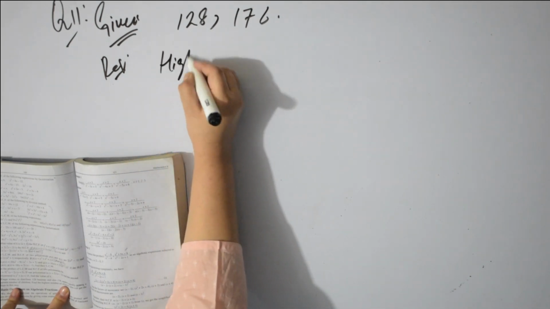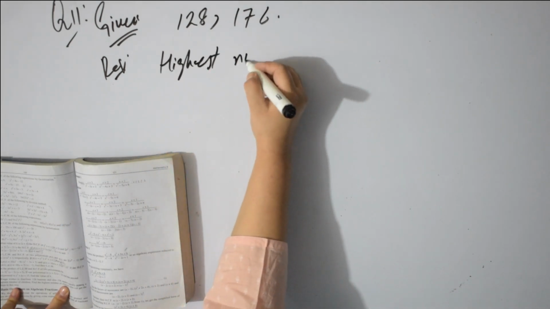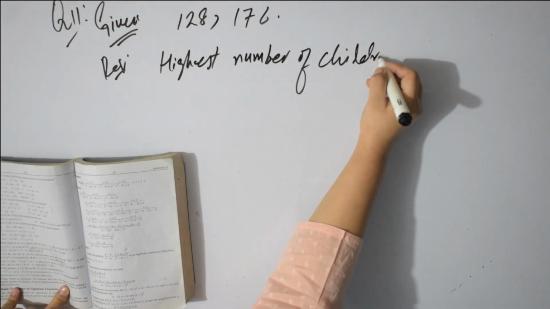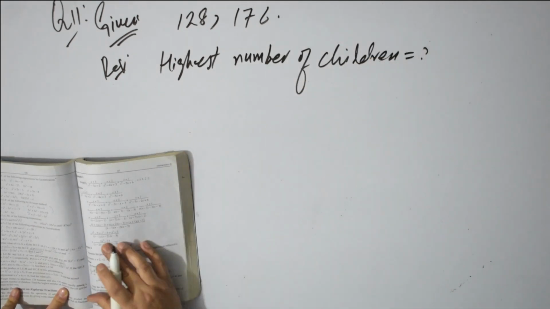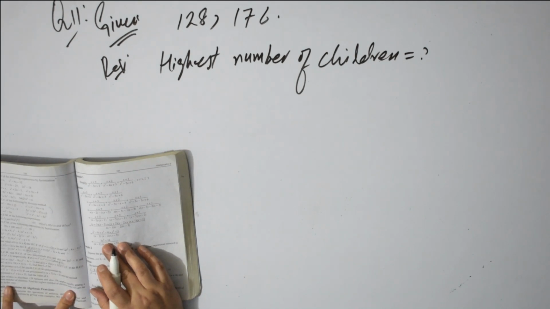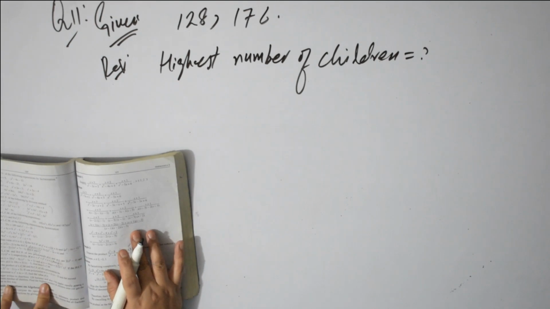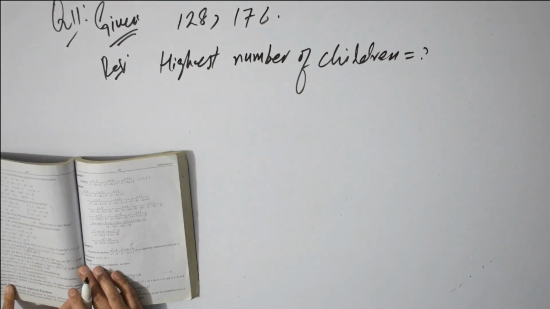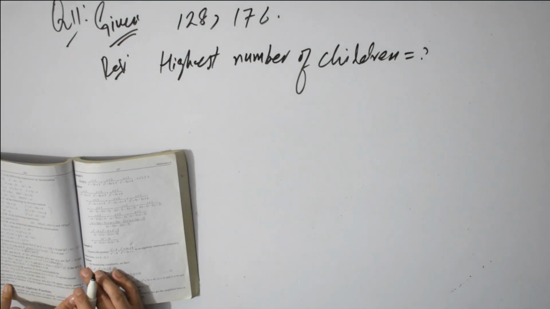Highest number of children who can get the fruit. He wants to distribute 128 bananas and 176 apples equally among a certain number of children.